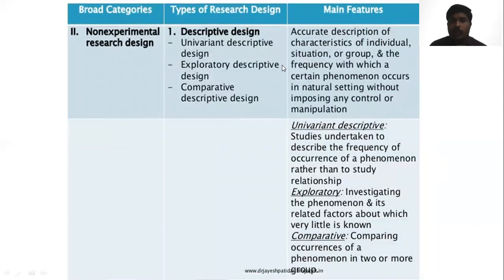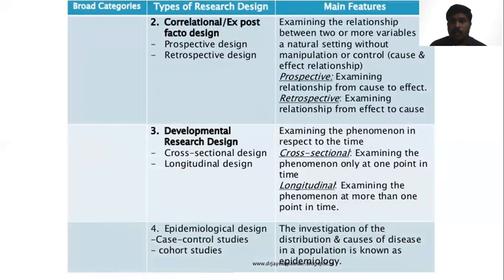In the non experimental research design concept, we have descriptive design, and they have so many features. Due to running short of time, I have skipped them. This PDF, this material will be given to you. You can see those features later in that PDF.